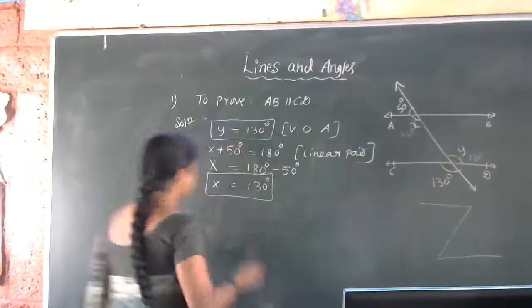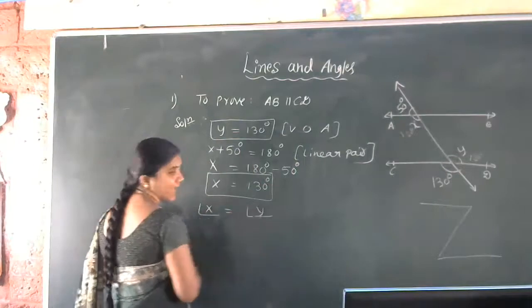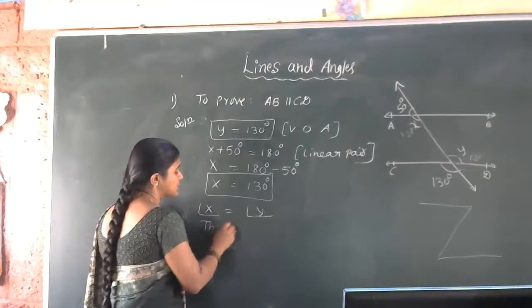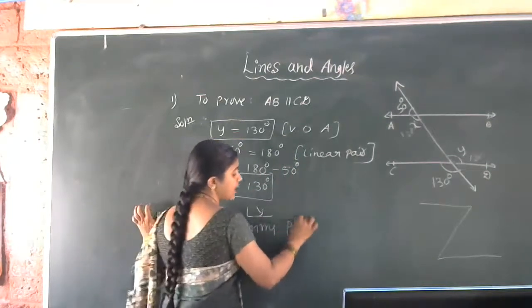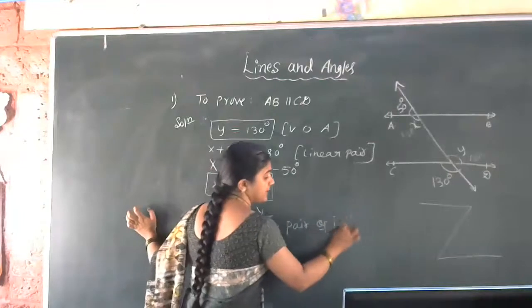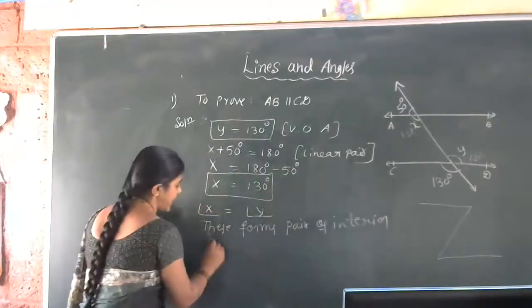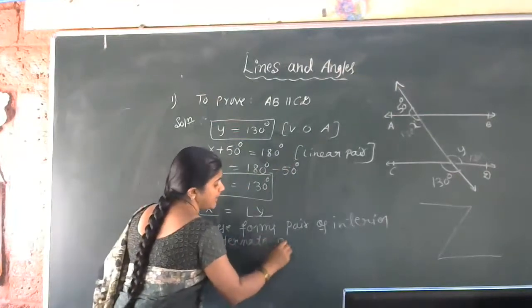Is that clear, students? This x is equal to y, angle x is equal to angle y. These form a pair of interior alternate angles.